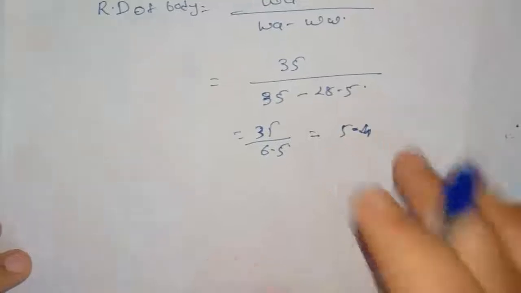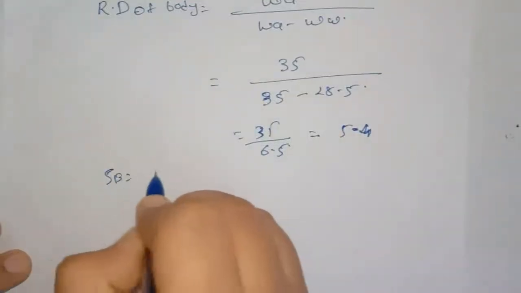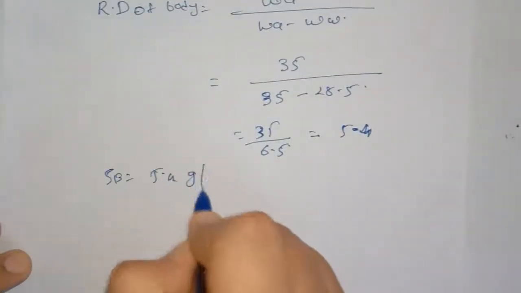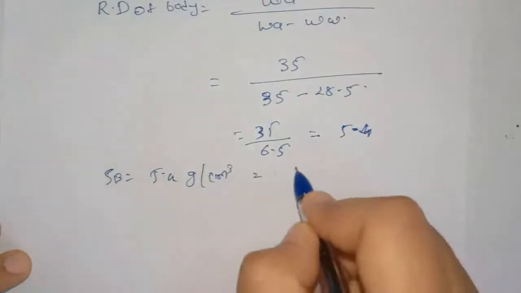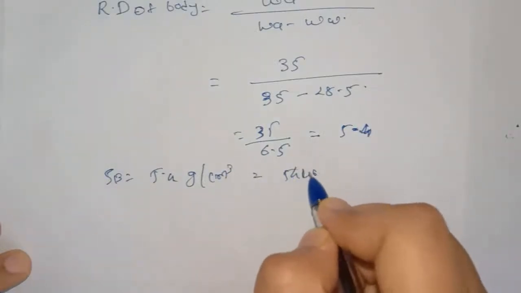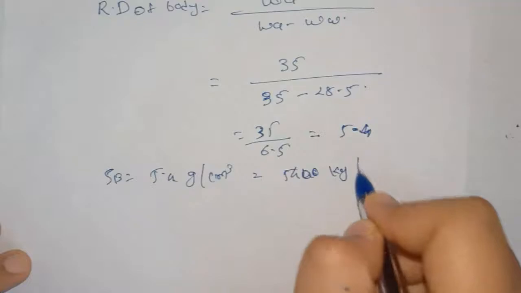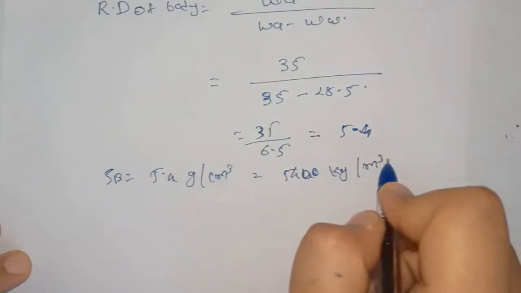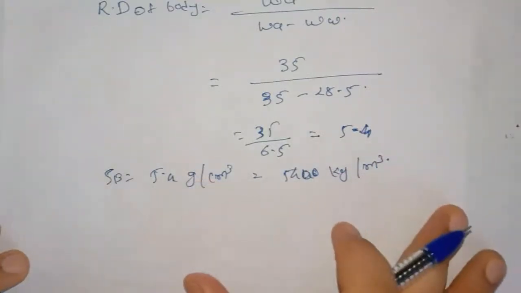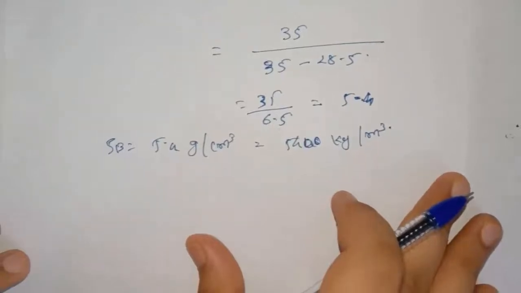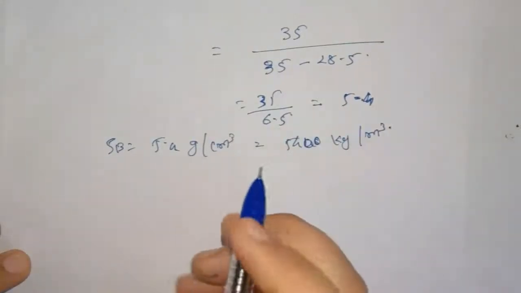So density of body will be 5.4 gram per centimeter cube or 5400 kg per meter cube. Now we want to find its apparent weight in the second liquid.